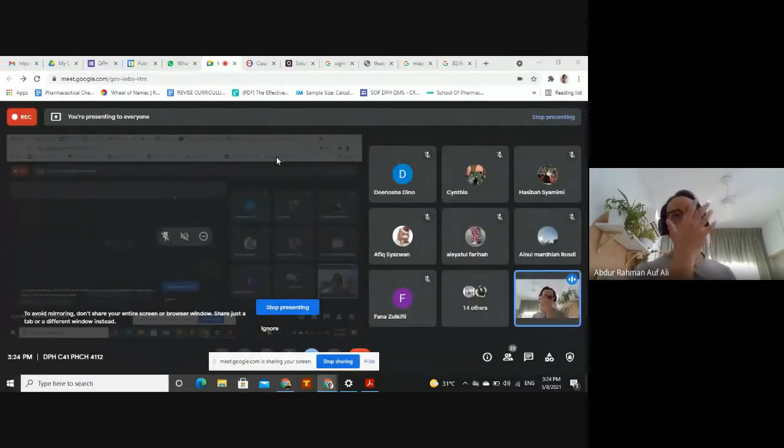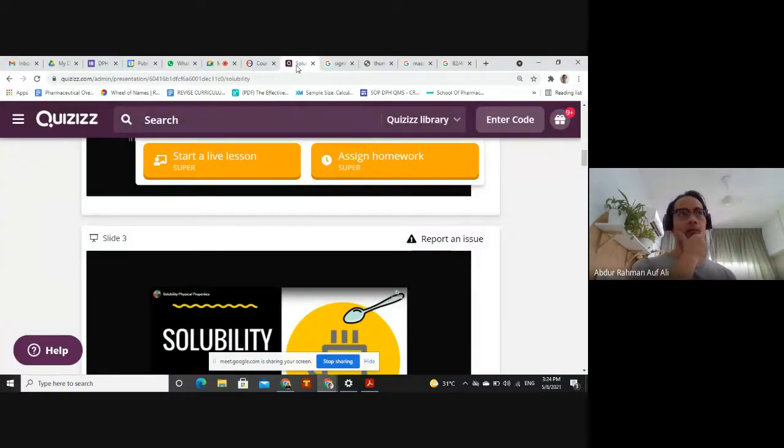Okay, so kita akan sambung, kita akan habiskan chapter 1 dengan our final topic iaitu solubility. Solubility ni, kalau saya nak boleh terangkan, dia mudah saja dia punya konsep, tapi ada beberapa term yang kamu perlu tahu. Okay, the chemistry term.